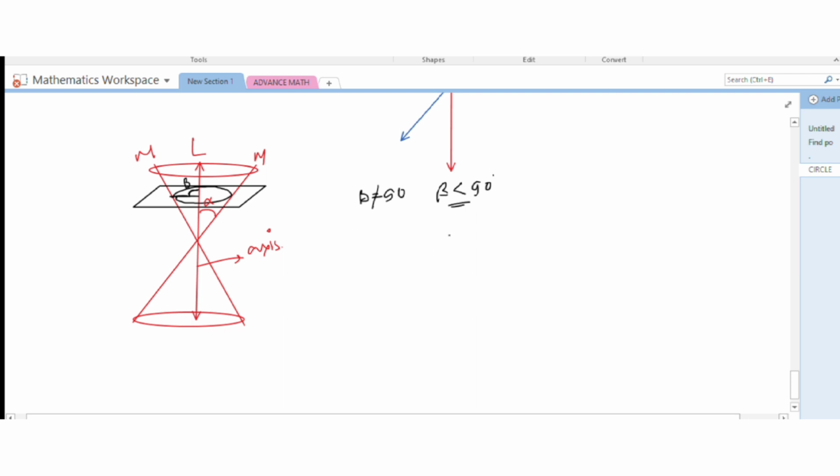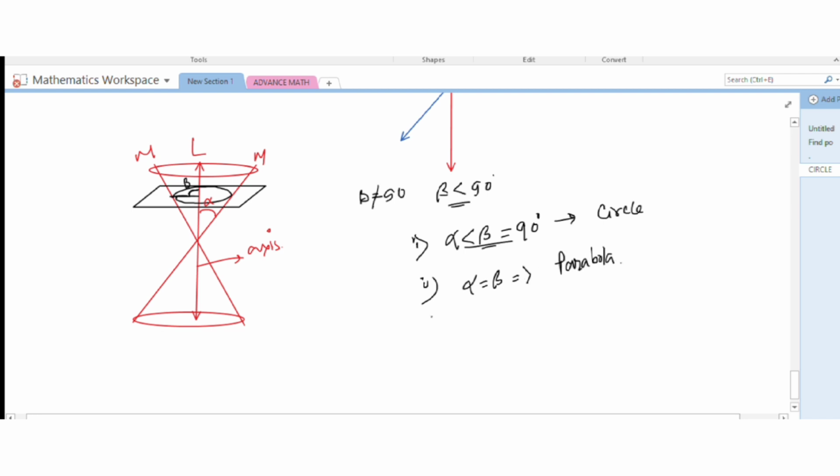If beta equals 90 degrees, then it will generate a circle. This has to be remembered. If alpha equals beta, then it will generate a parabola.